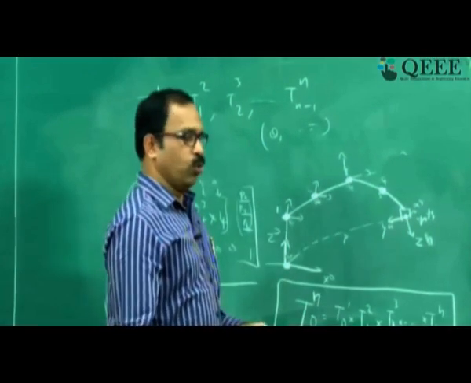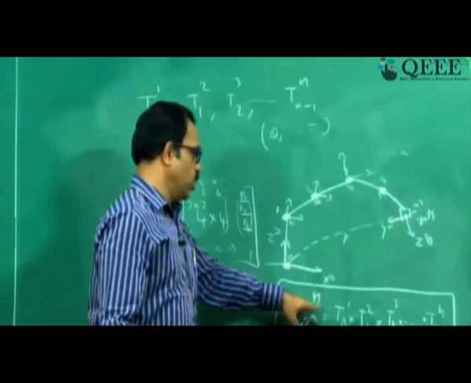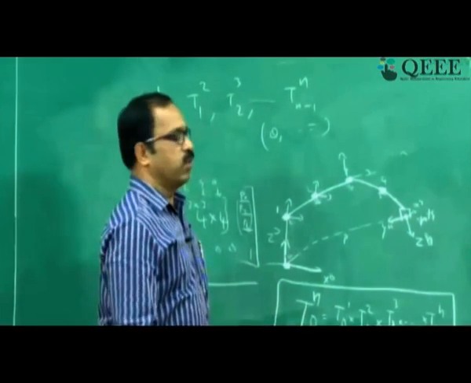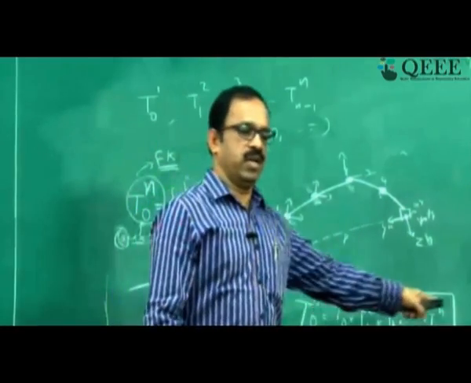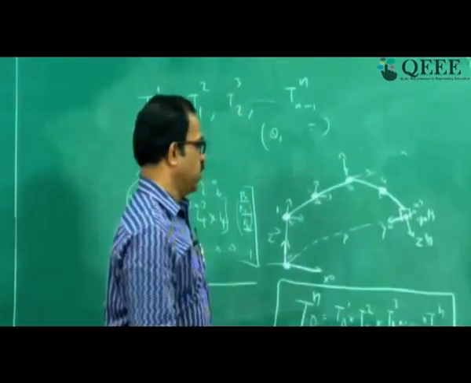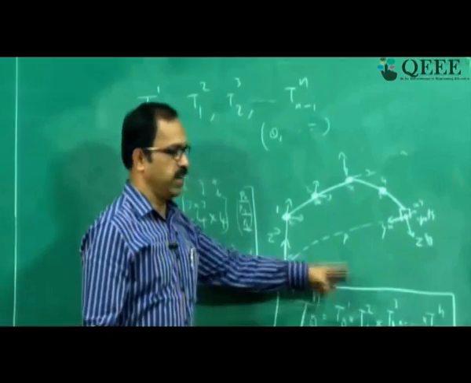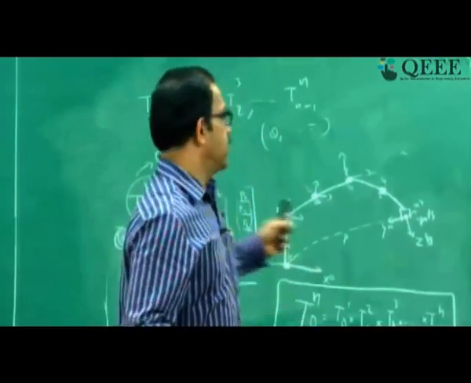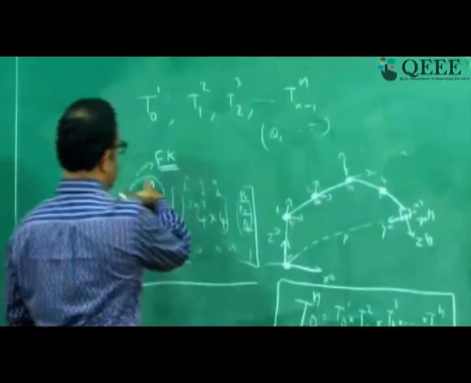In the case of tool to base, n is the tool and 0 is the base. The tool to base can be obtained from the individual matrices, 1 to base, 2 to 1 etc., and finally tool to the n minus 1 frame. So you can find the individual transformation matrices and then get the complete tool to base matrix.